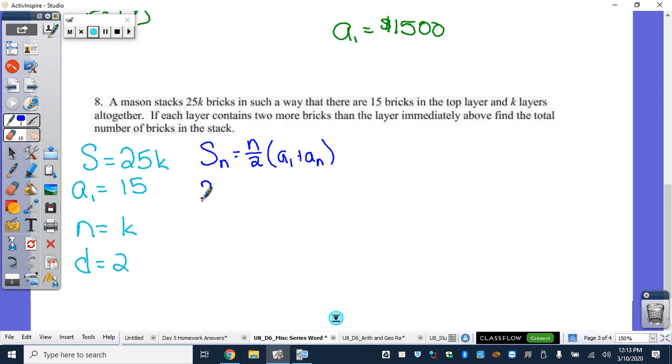So as I'm plugging into that arithmetic series formula, we run into the problem of we don't know A sub n. So we're going to have to use our other formula to be able to figure out our A sub n.